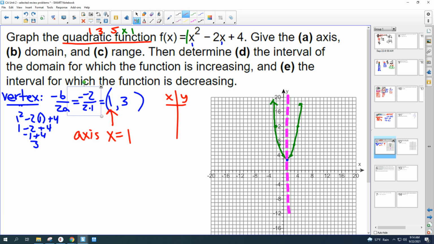And the domain, if I squash that graph onto the x-axis, it's going to end up covering everything. So the domain is all real numbers. The range is not going to be all real numbers. You squash that onto the y-axis, look at your minimum point. The minimum that graph reaches is right there at 3, just so happens to be this number. And it's going to go up. It's going to be everything from 3 to infinity.